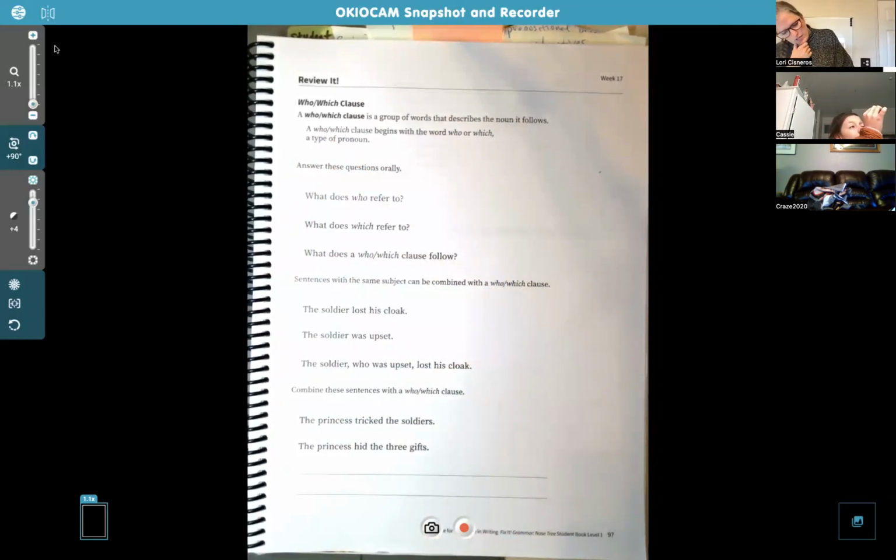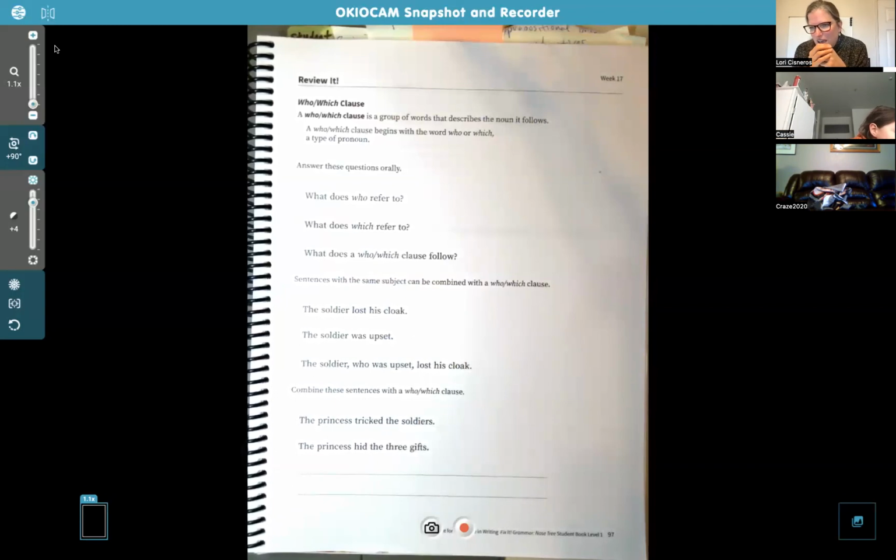Okay, so this is when we give a little bit more detail about either a person. Remember that when you use who, you're referring to either a person or an animal that's got personality, like the story we're working on, the little red hen, right? You would use who when you're talking about her because she's kind of what we call personified.